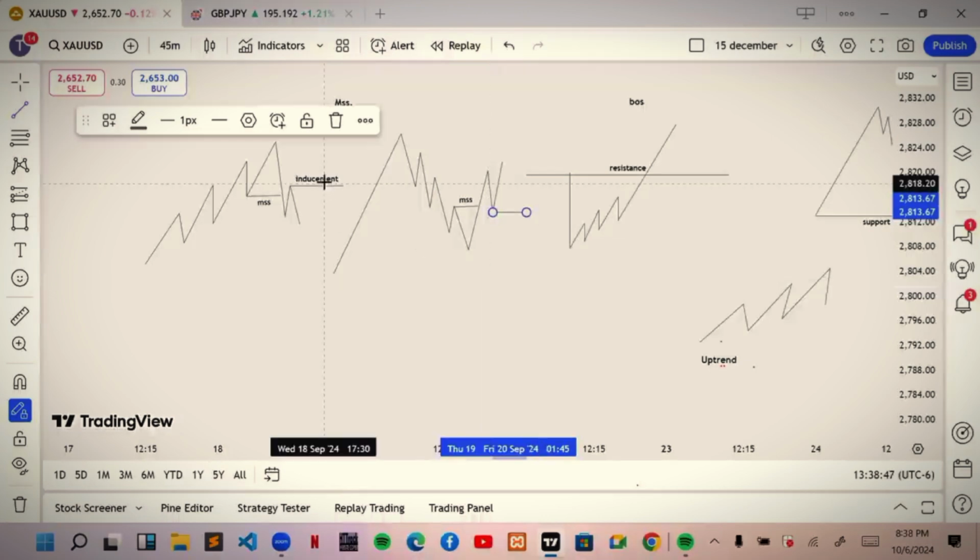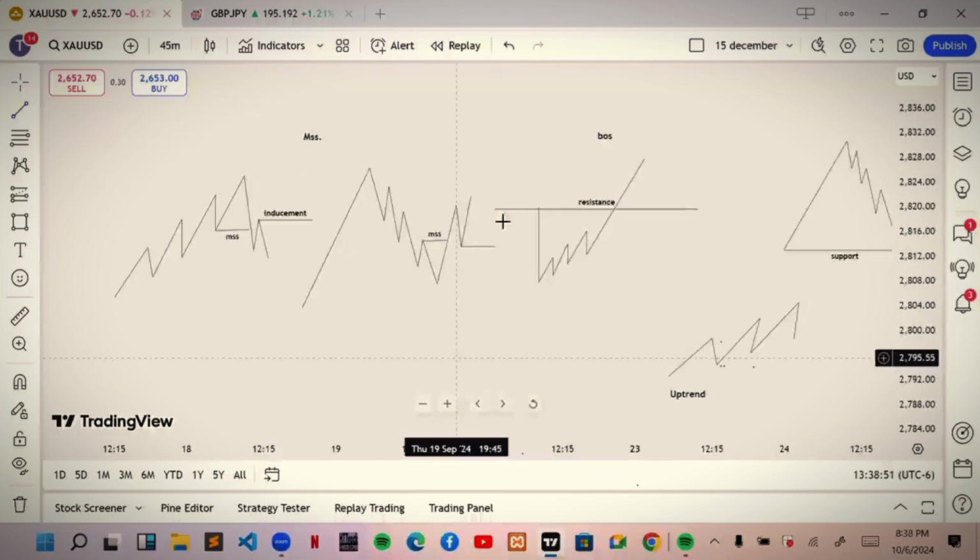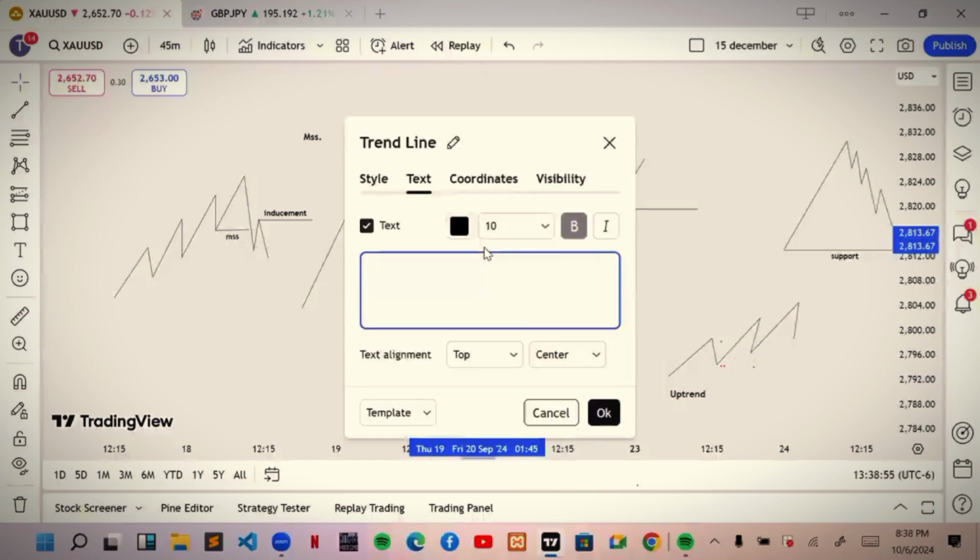So this is the inducement, the first pullback that the market makes after a market structure shift or a break of structure. This is the market structure shift for this side, and this is the inducement here. And this is the inducement right here.